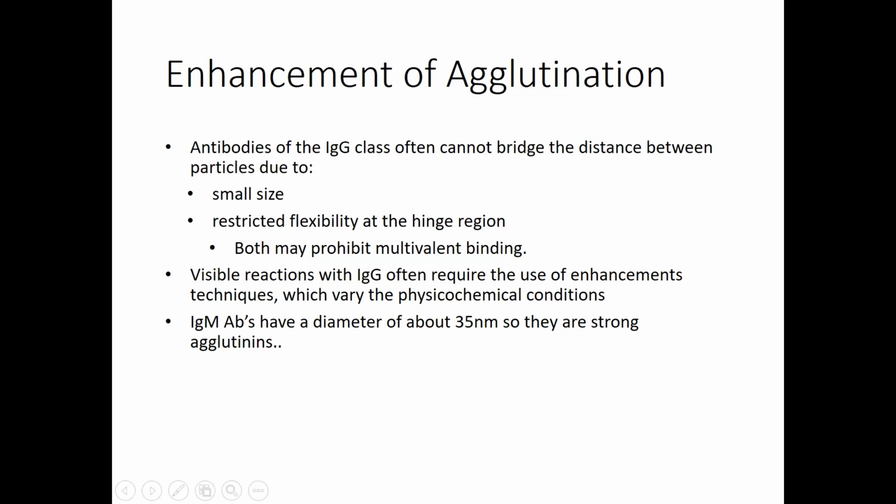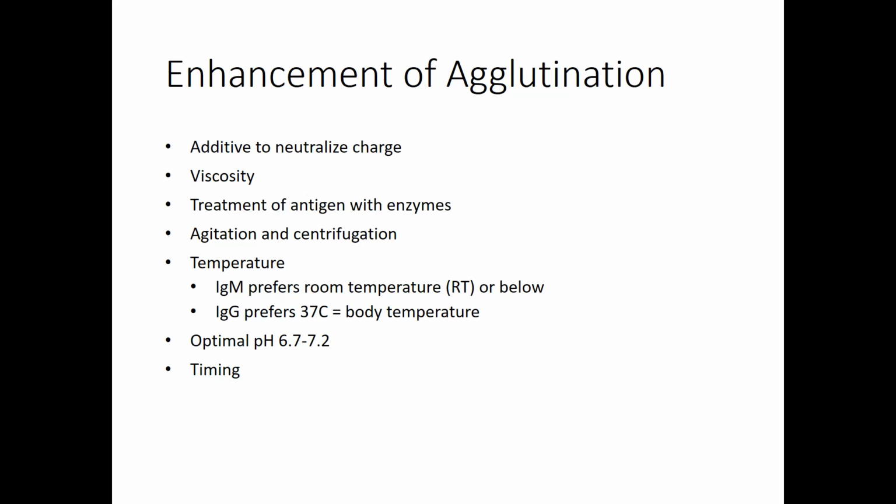But IgM antibodies, because they're 10, have a diameter of about 35 nanometers. That repelling of red blood cells is probably only about 18 nanometers apart, I think, if I'm remembering properly. So IgM can cross that barrier very carefully.